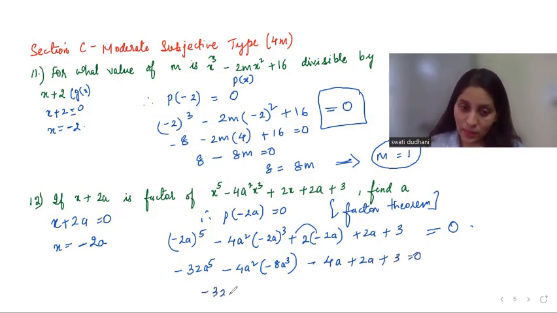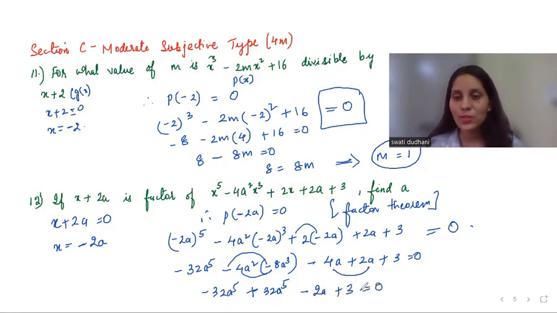Now minus 32a power 5, minus into minus plus 8 into 4, 32a square into a cube is a power 5, minus 4a plus 2a is minus 2a, plus 3 equal to 0.